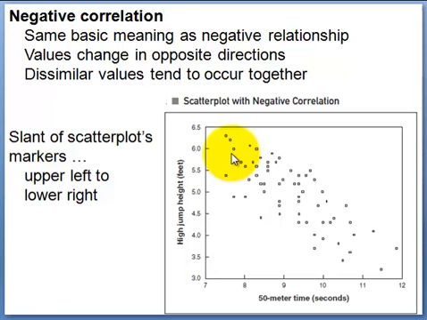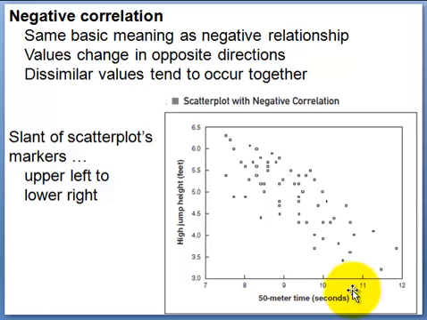And when you get this upper left to lower right slant, that's negative correlation, and values are changing in opposite directions. So let's see what happens as time in the 50 meters goes up. What happens to high jump height? Well, as we go from left to right, which is to say up, in 50 meter times, you can see the pattern is for height jumped to come down.